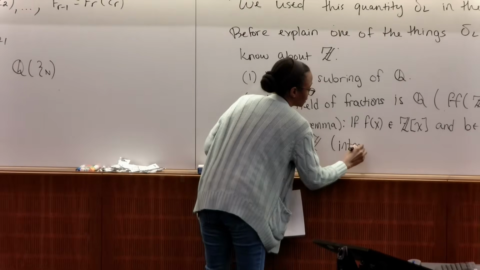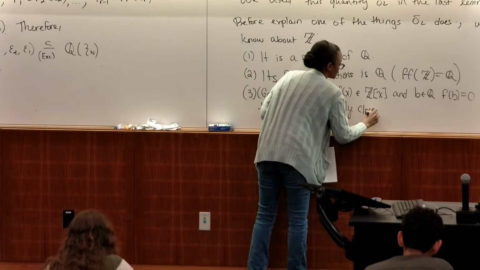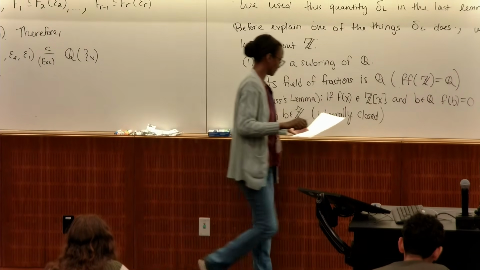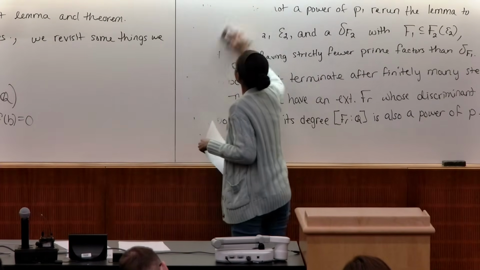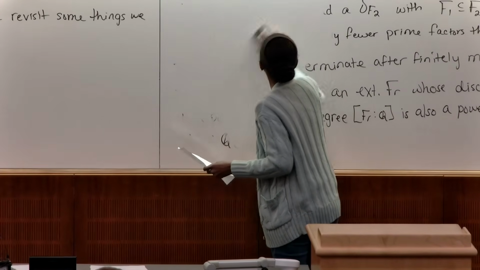This property means that Z is what we call integrally closed in its field of fractions. The fourth property is that the integers is the smallest subring of Q for which two and three are true.